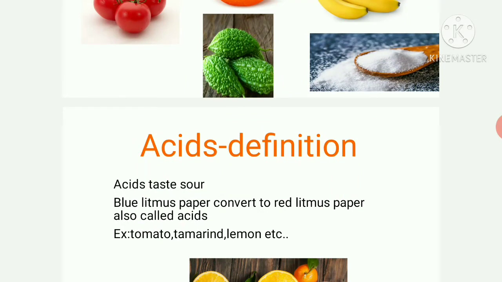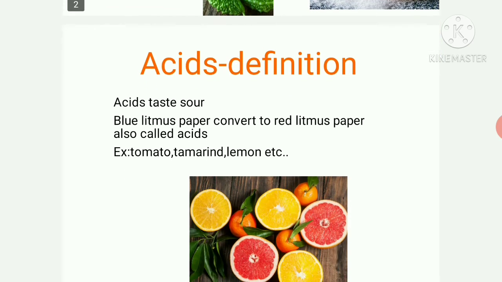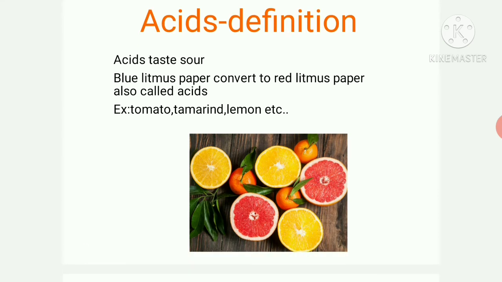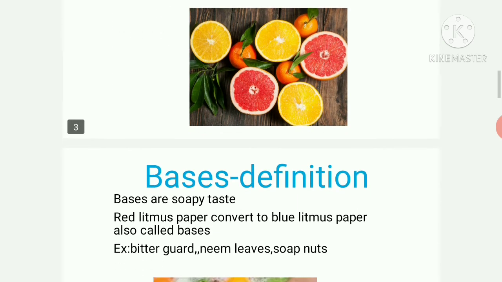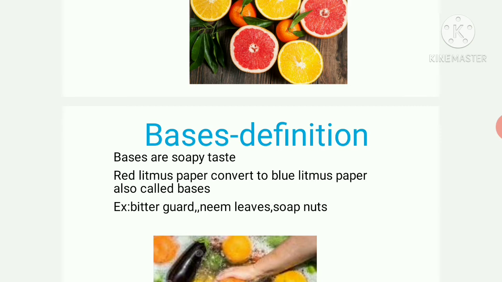Children, now we discuss the acids, bases, and neutrals. First one is acids. What is the definition of acid? Acid is a sour taste, or a substance that converts blue litmus paper to red litmus paper. Example: tomato, tamarind, lemon, orange, etc. Next one is the bases.